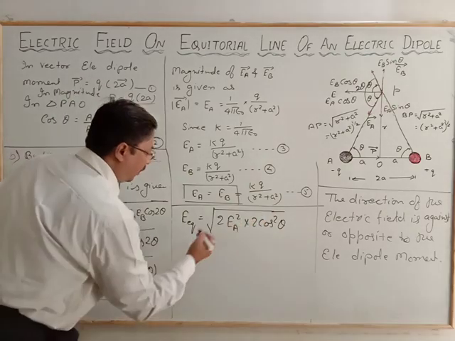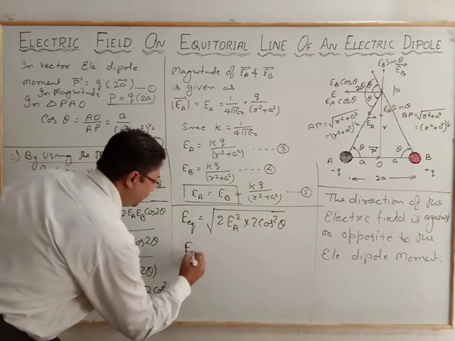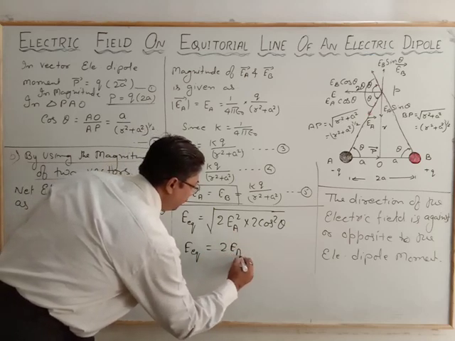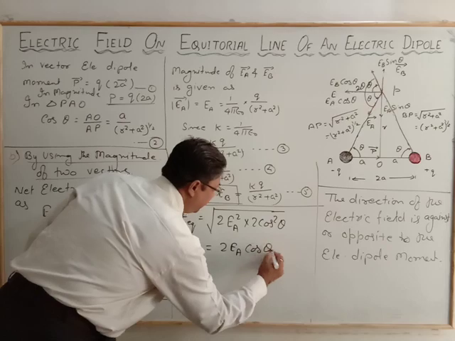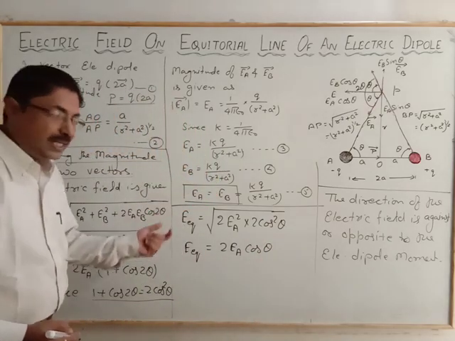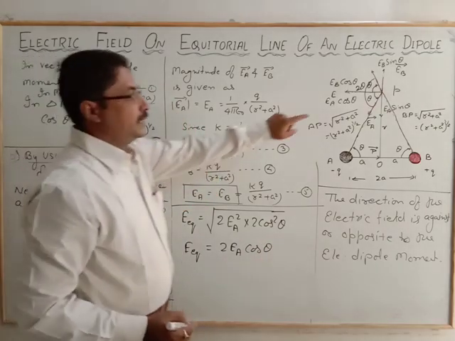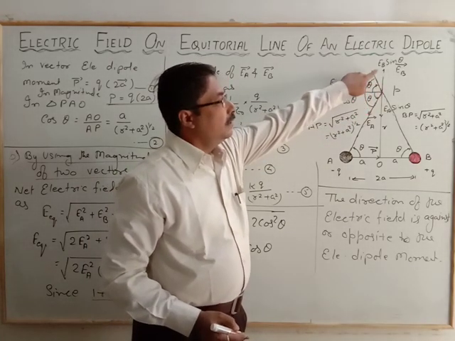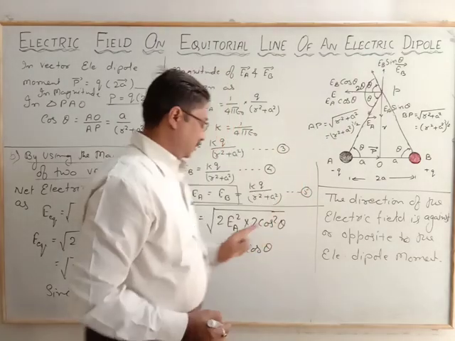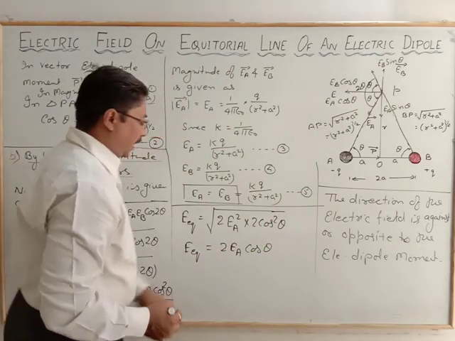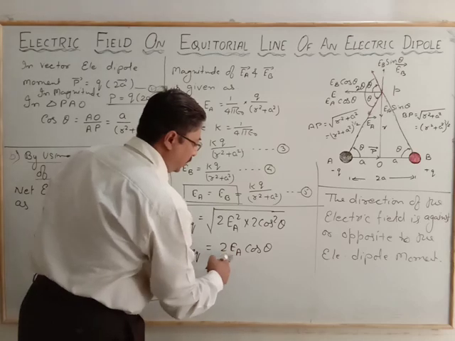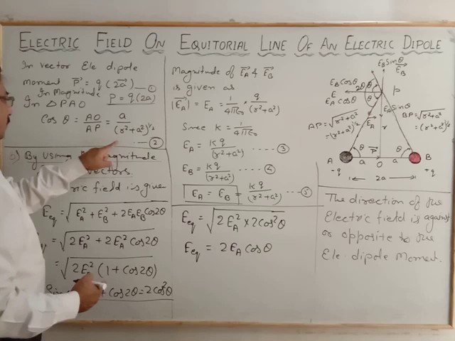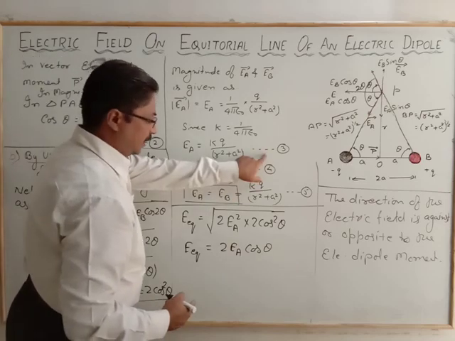So we remove it from the square root, and we have the electric field at the equatorial is equal to 2EA cos theta. The same relation we got earlier, during the resolution of the vector, the same relation we got here: 2EA cos theta.